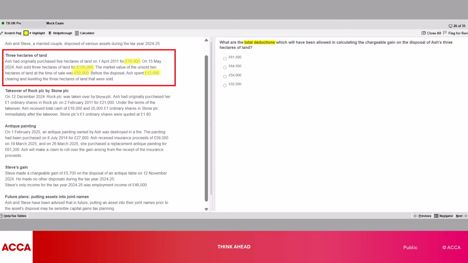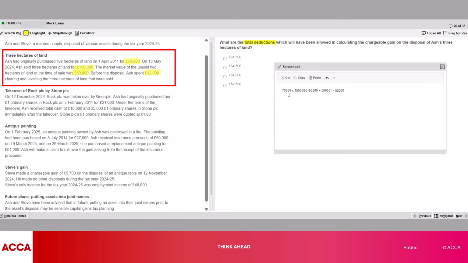So the twist here is that we can deduct the £12,000 in full, but only part of the £70,000. And you can use the scratch pad to do your calculations. 70,000 cost times the value of the part sold, the 150,000, divided by the total value, that plus the value of the remainder, is 52,500, which of course you can see is one of the answers.